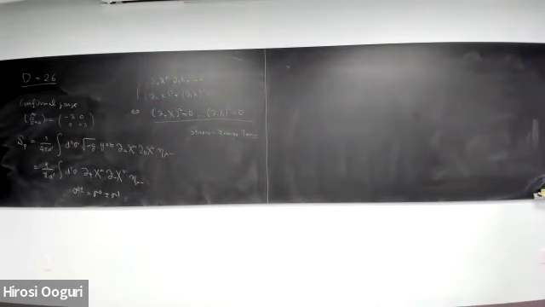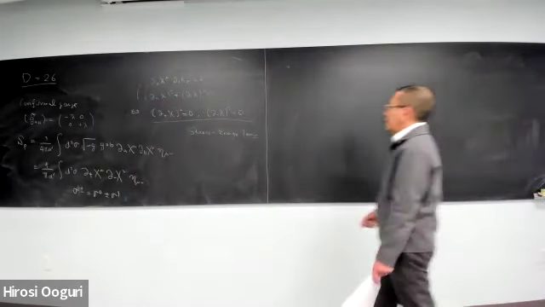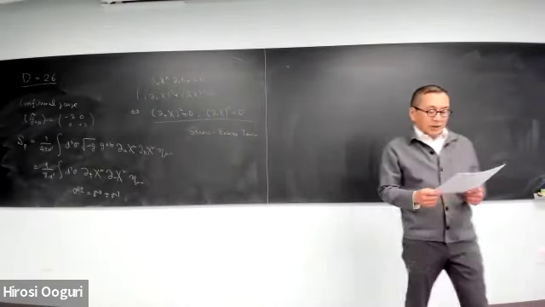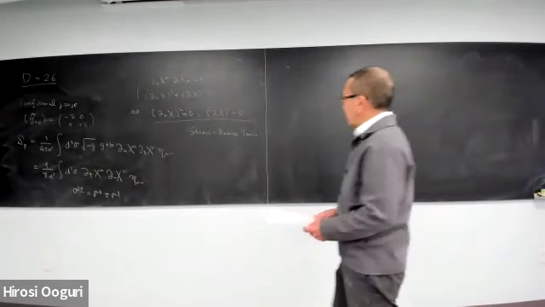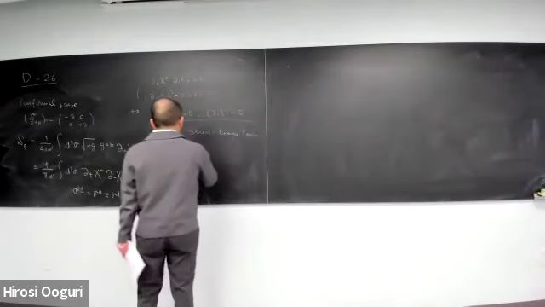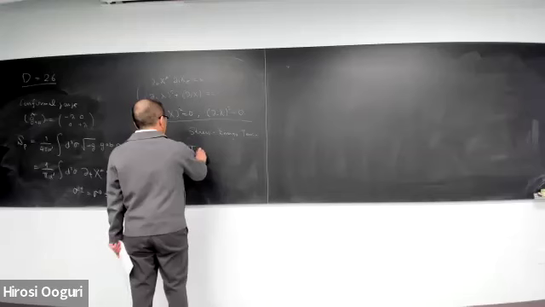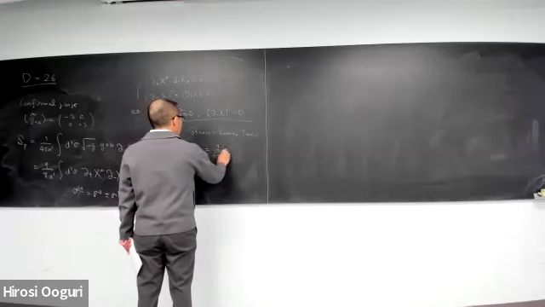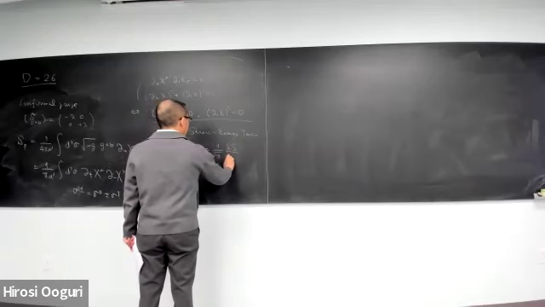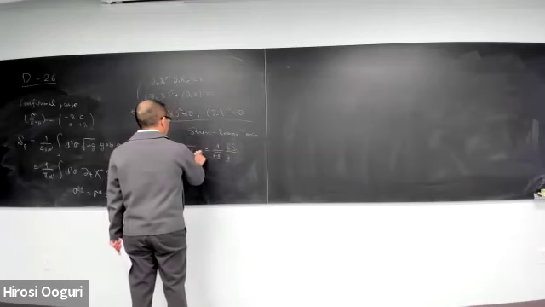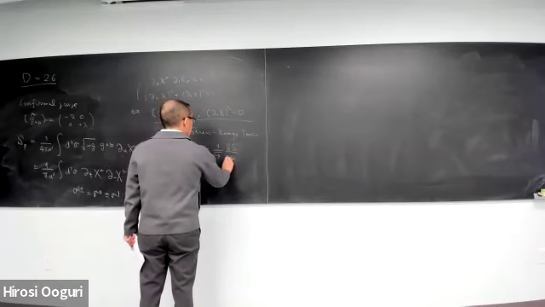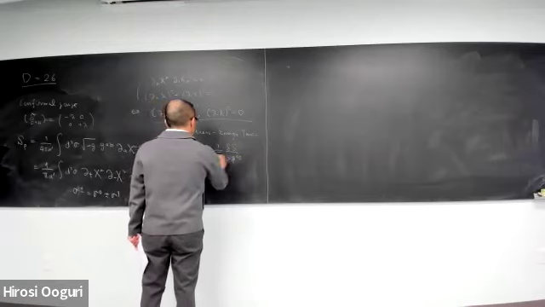Any quantum field theory has a stress energy tensor, which is an important ingredient of the theory. One way to define the stress energy tensor is to take the variation of the action with respect to the metric.